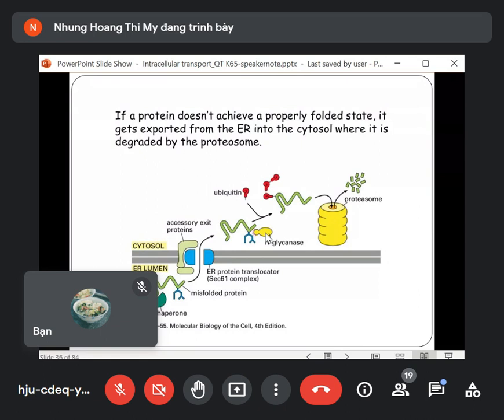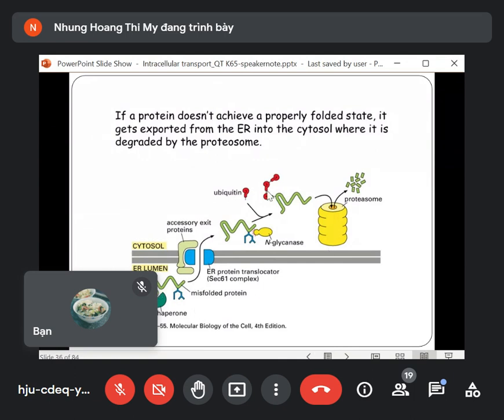This process ensures that no mistaken or defective protein appears in the cell, because defective protein can harm the cell. For example, they can perform an incorrect function, or they can interact with other proteins and transfer the mistake to them. So this protein will be degraded inside the cell if it cannot fold in the correct form.